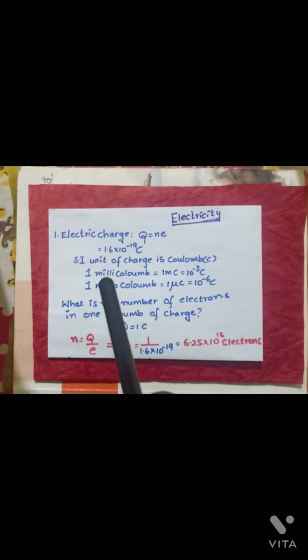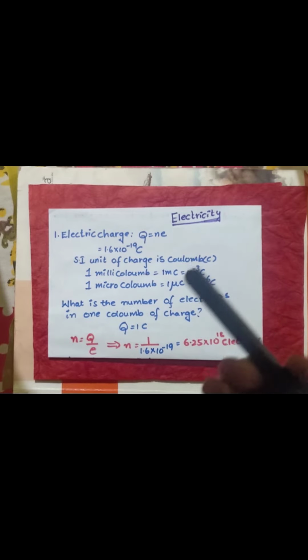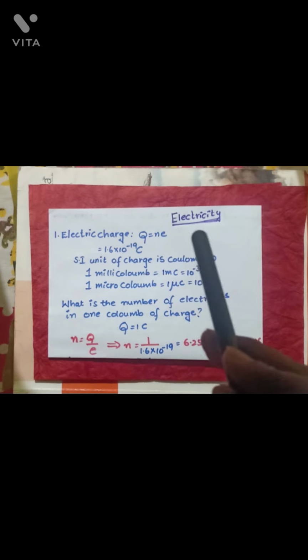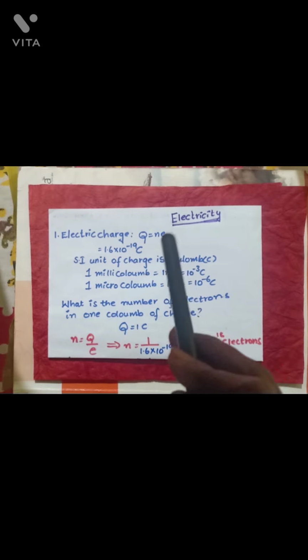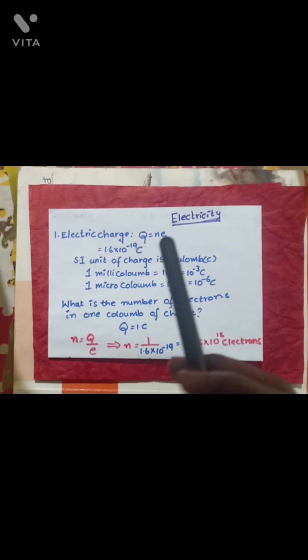Why we are doing this is because we measure everything, whatever we are using. So simply to measure the electric charge, it is said to be n multiples of e, where e is the magnitude of the electron. Magnitude is nothing but the value given to the electron.